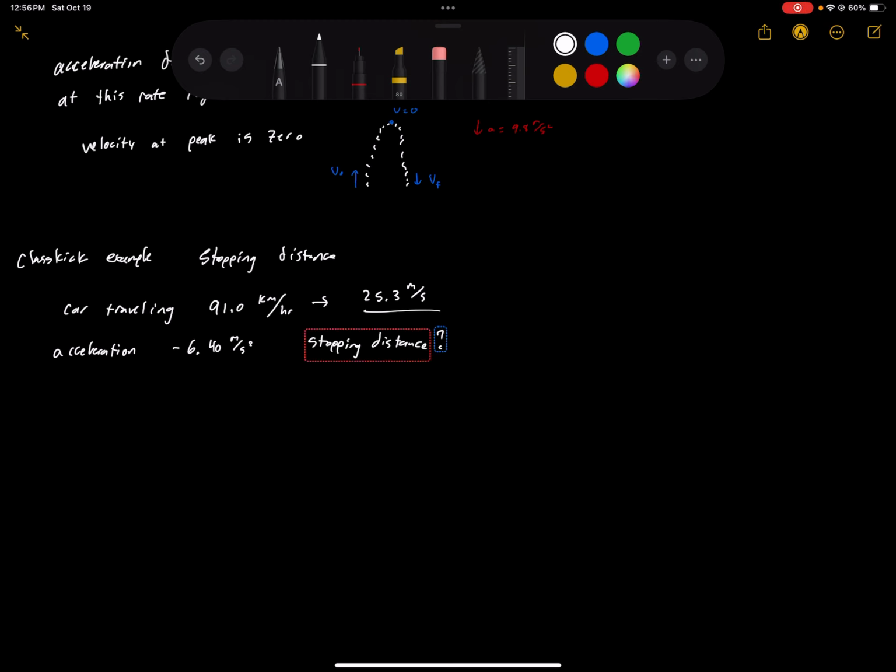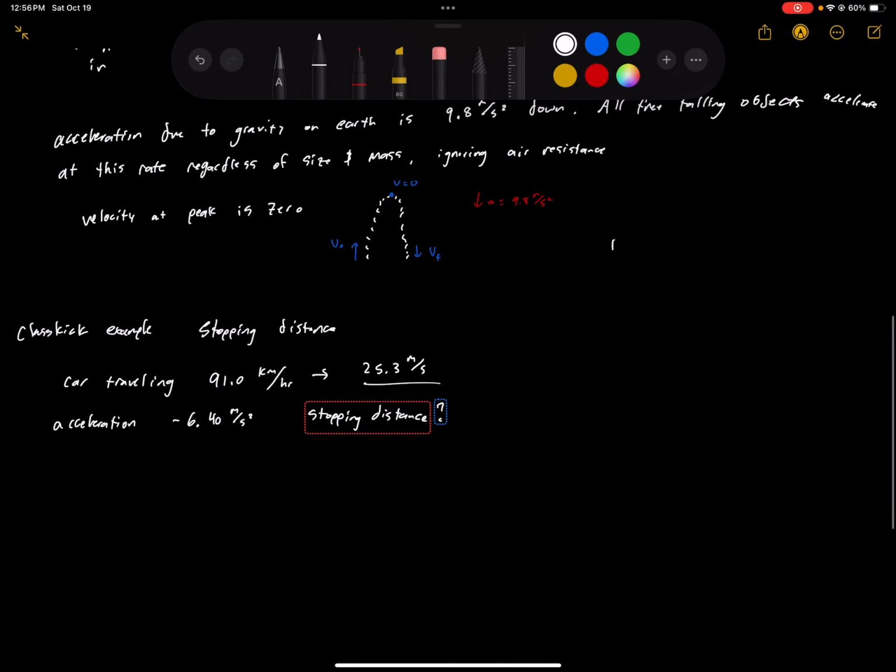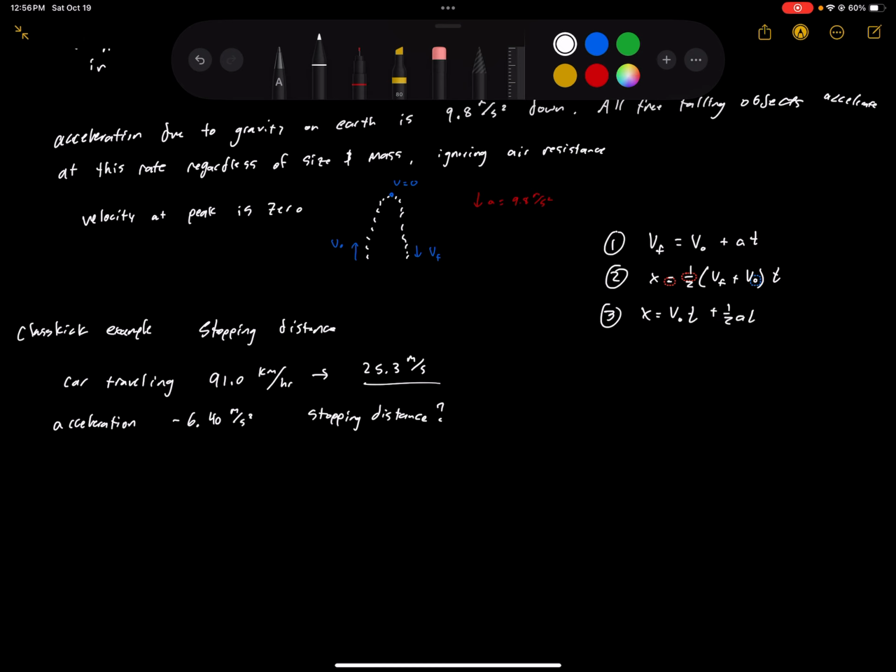So what's the stopping distance? Well, for this one, let's look at all of our kinematic equations. You're going to have an equation sheet, and I'll have the equations on the board, but let's write them down now just to make sure we got them. We know that VF equals V naught plus AT. The second equation is X equals 1/2 (VF plus V naught) times T. Equation 3 is X equals V naught T plus 1/2 AT squared, this X being the displacement.